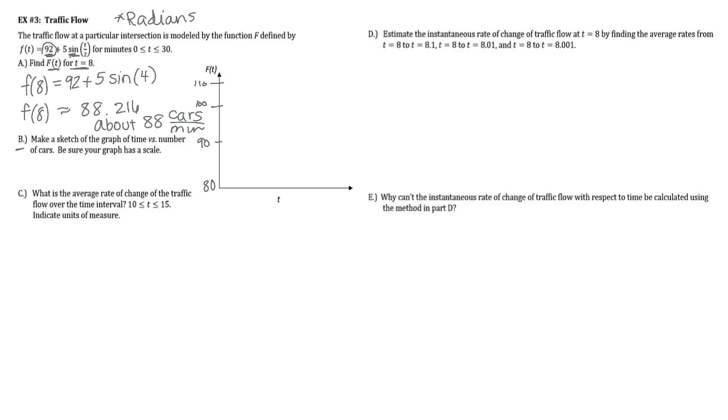And then we also know that we have this ordered pair here, 8 and then 88.216. And so here we also have at 0, 92.